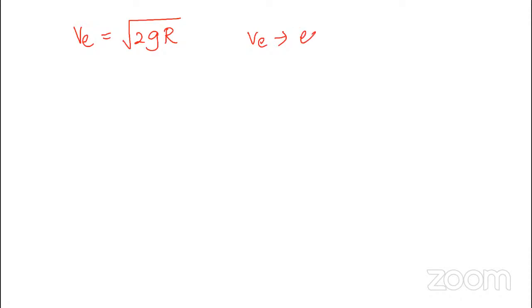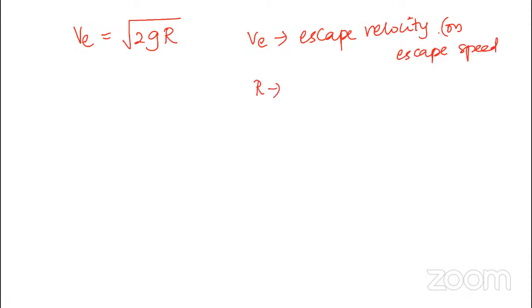Simply we can say that it is escape speed or escape velocity. Here R is nothing but the radius of the planet.